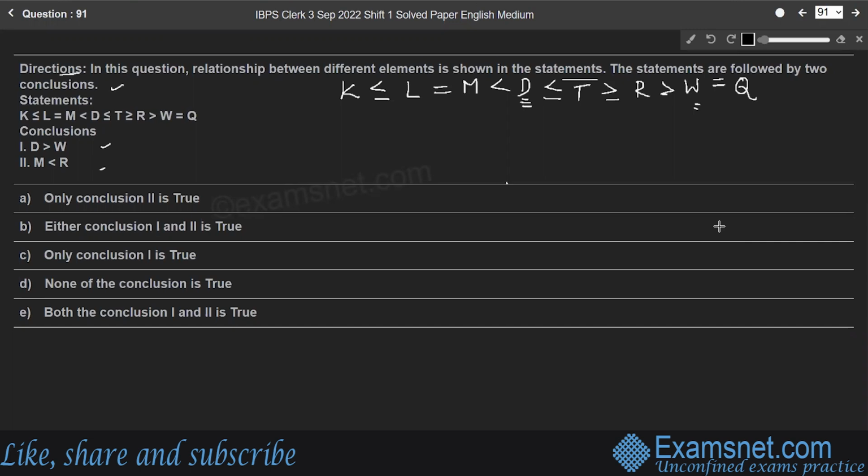Considering D as a line, you can consider any shape, even a circle, square, rectangle, or a star, but here a line is convenient for us.